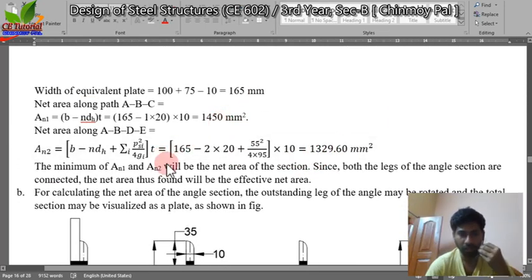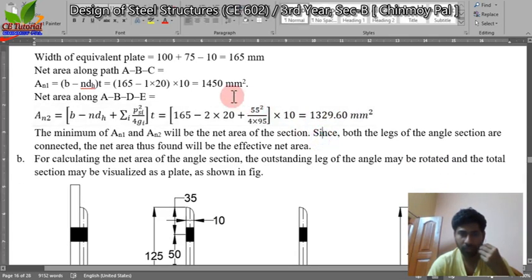The actual net area will be the minimum of An1 and An2. An1 is 1450, An2 is 1329.60. So the actual net area is 1329.60.